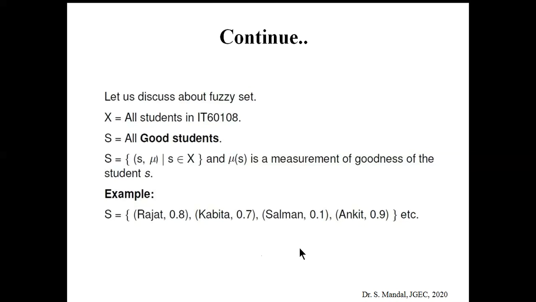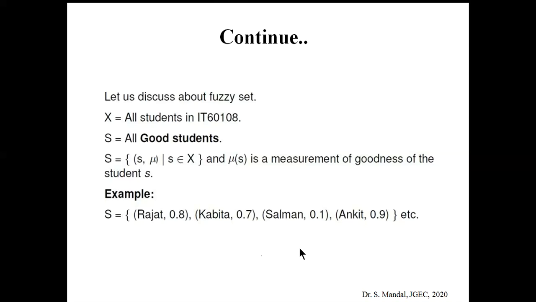Now coming to the fuzzy set. So consider the students of the IT department, where the subject code is 60108. Okay, so X is denoted by that. So that is the universe of discourse. And next, S. S denotes all good students. Okay, so we define another variable or set that is given by all good students.